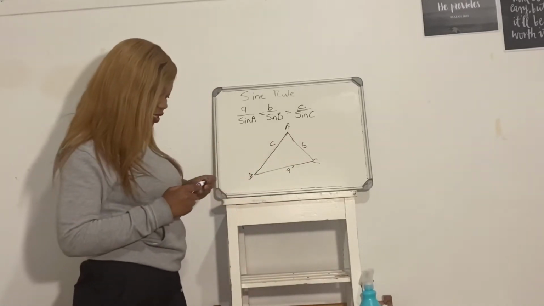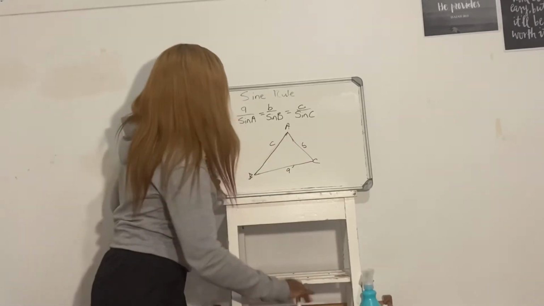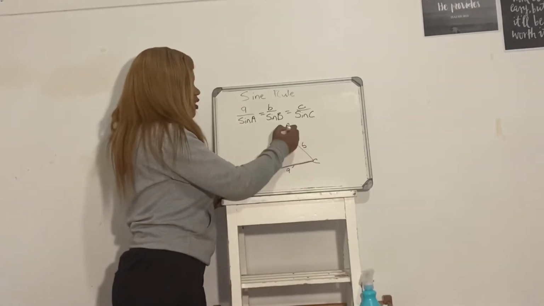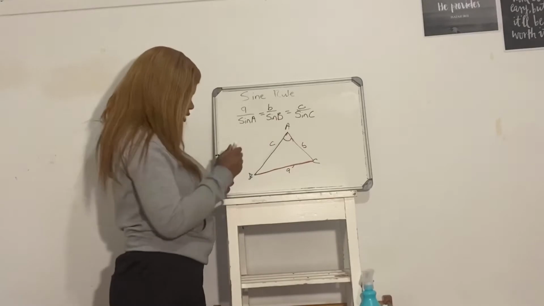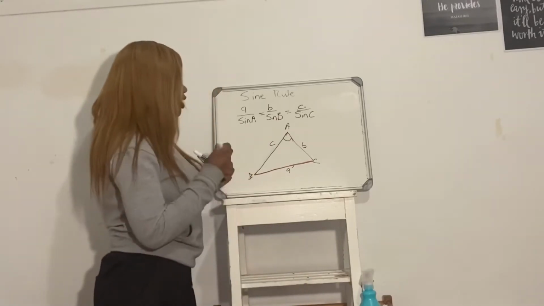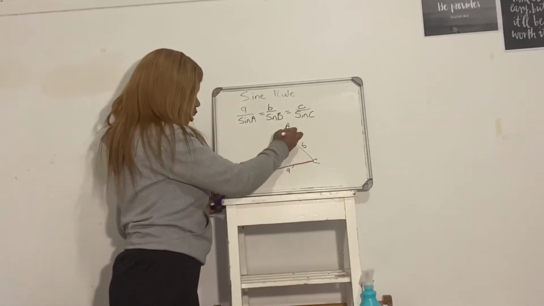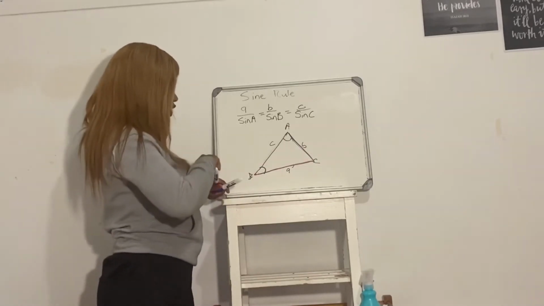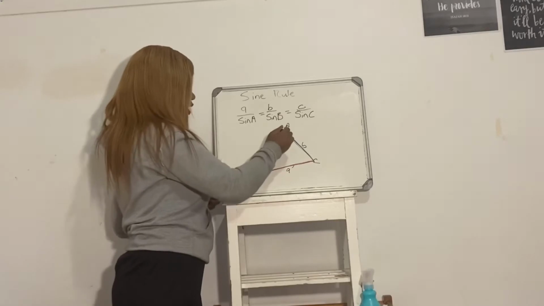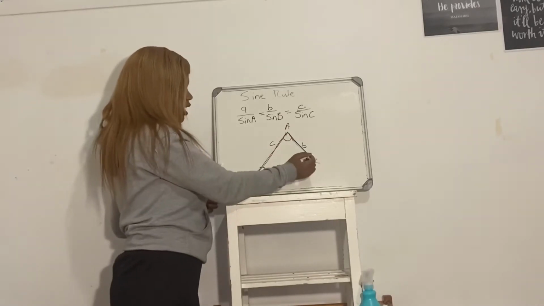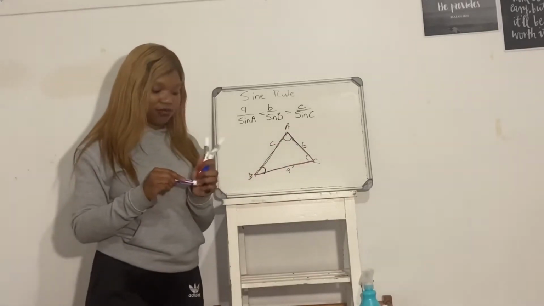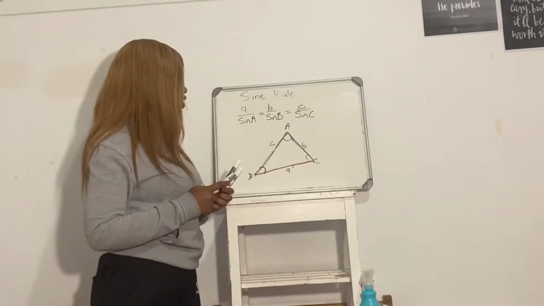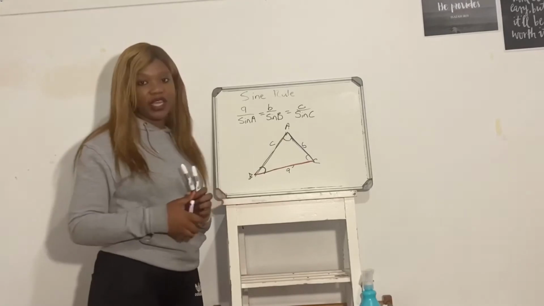So what this means is this side over sine of this angle is equal to this side over sine of this angle, which is equal to this side over sine of this angle. So you can cram it, it's just a formula. Yeah, I hope we understand it.